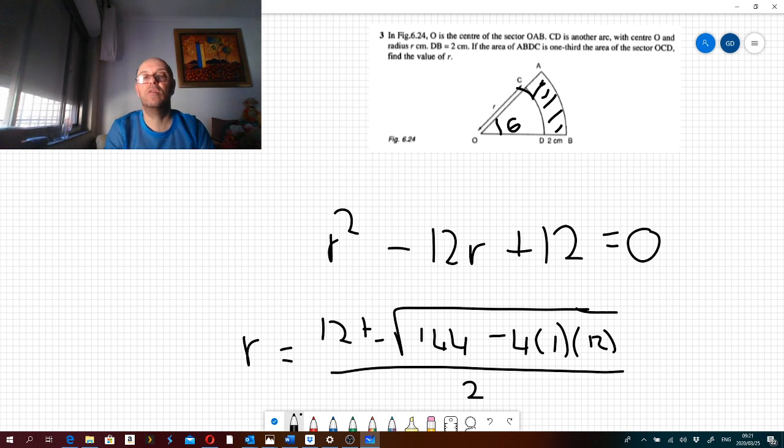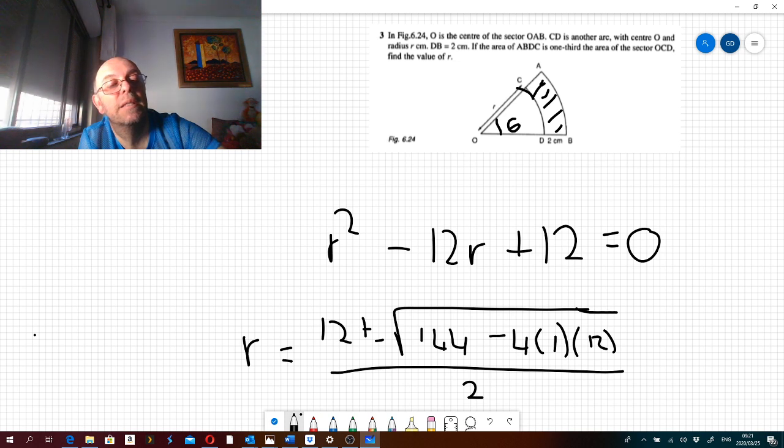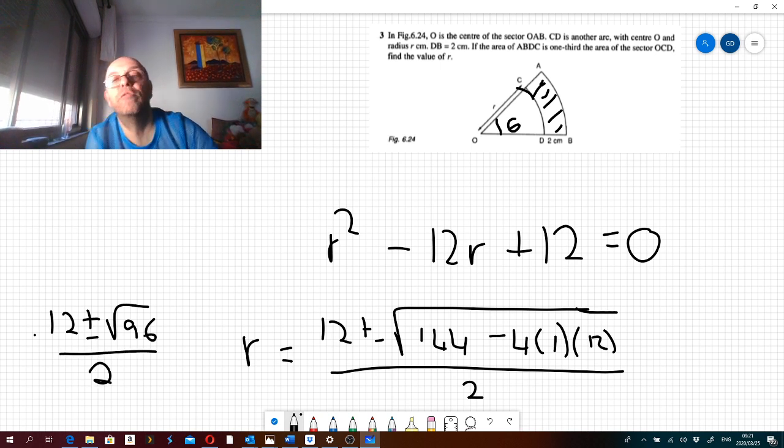Alright, so we can go and solve this, and we would get 144 minus 48 in the brackets, which is 96. Okay, so 12 plus or minus the root of 96 over 2. This is the value for r.